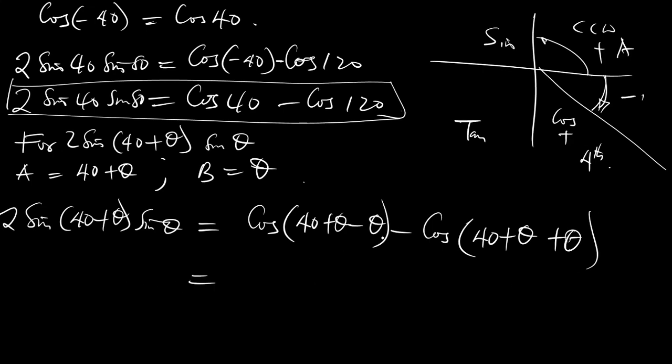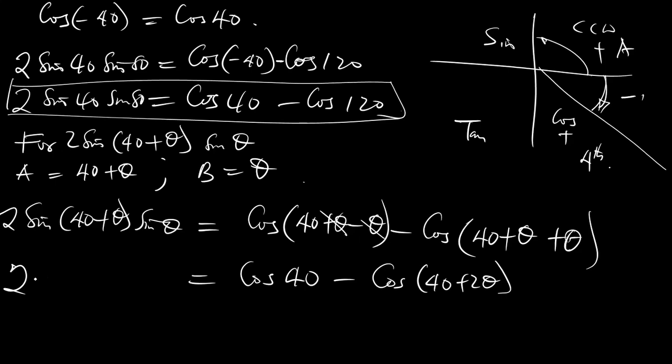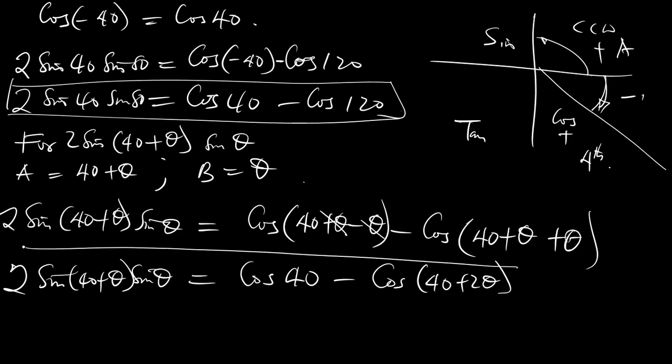This will cancel out, and you have cos 40 minus cos(40 plus 2 theta).